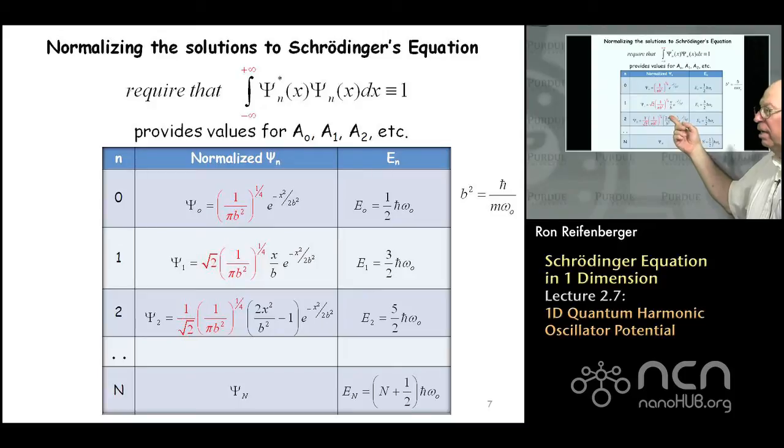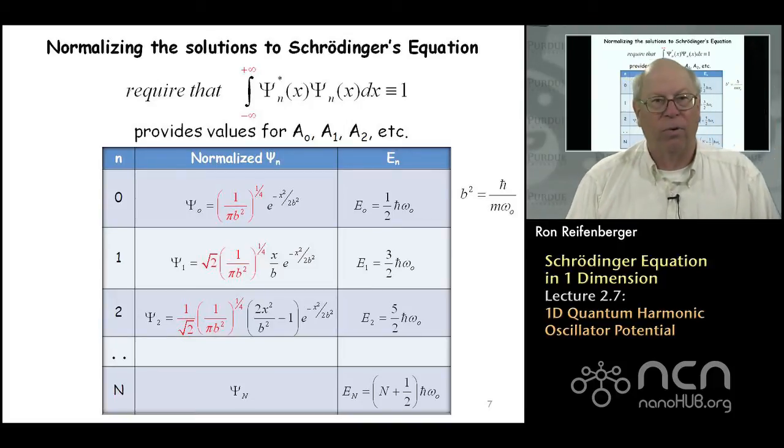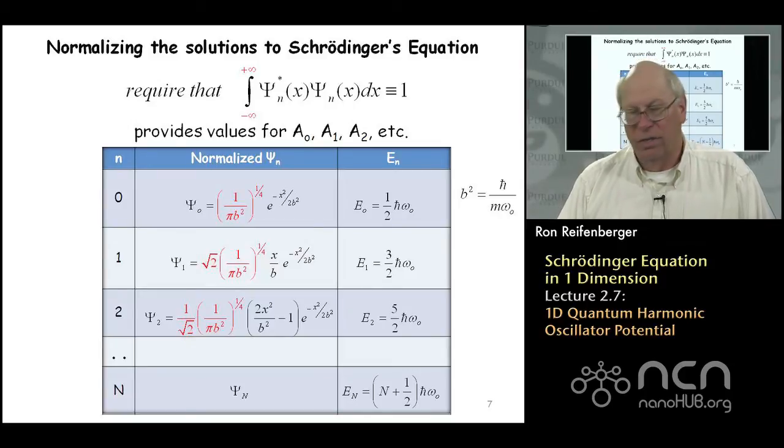These normalized eigenfunctions were obtained by insisting that the wave function times its complex conjugate, when integrated over all space x, equals 1, and that determines all these multiplicative constants, which are in red in this table. So the notable thing about the harmonic oscillator potential is this quantized ladder of energy states, separated one from another by an integer.